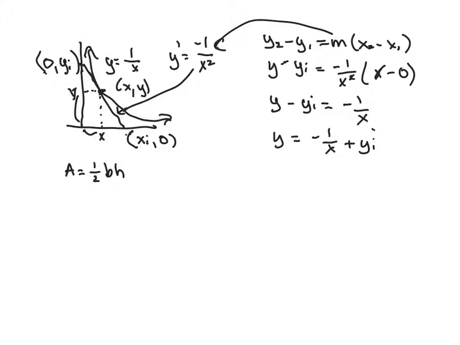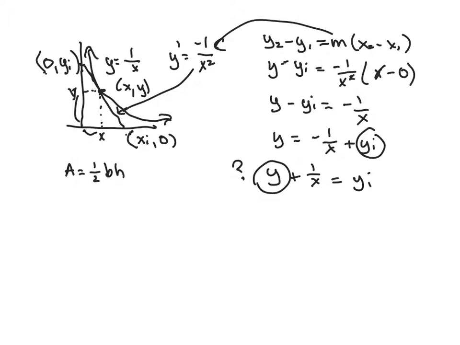If I want to solve for this so that I have a value to plug into my equation, or some kind of a value other than the y-intercept, then y plus 1 over x equals the y-intercept. But then I have to think about, what does y equal?